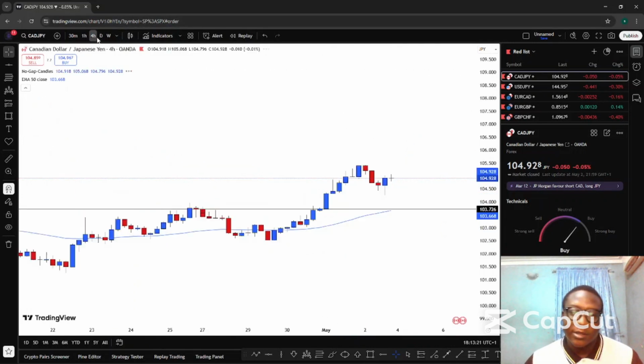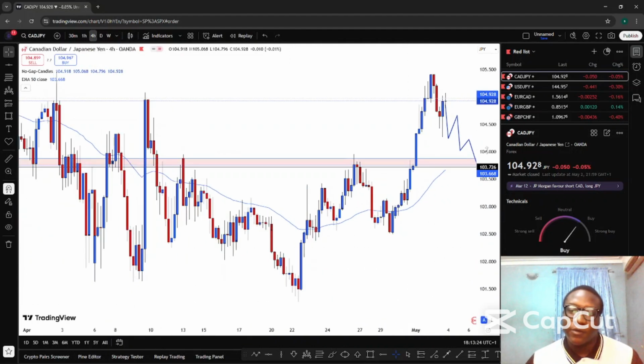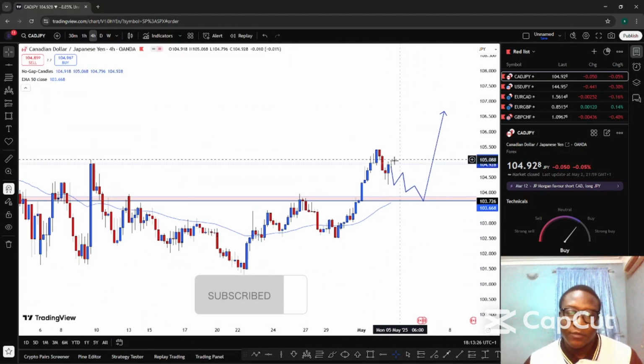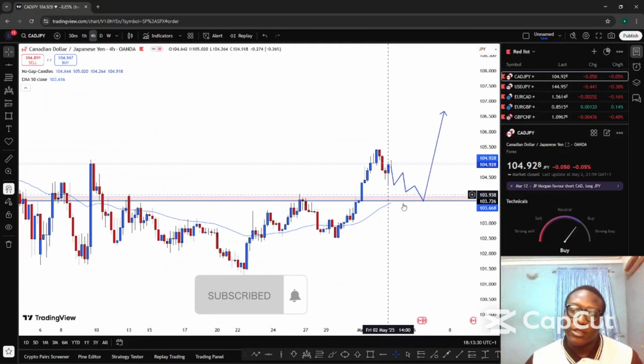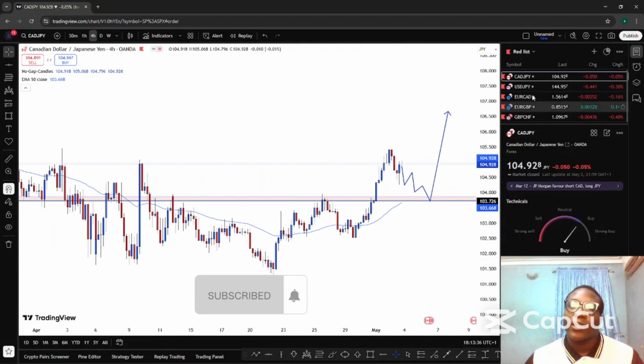Going down to the 4-hour time frame, what would I be waiting for? Basically, I'll just be waiting for the market to give us a retracement into our area of interest for me to then look for my entry signal to take the trade to the upside.